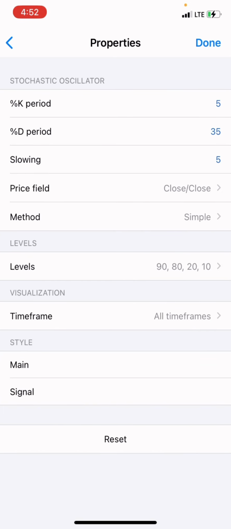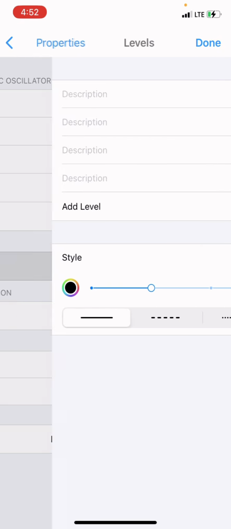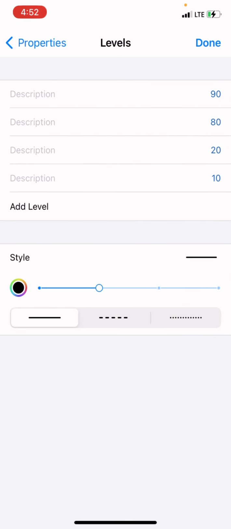Stochastic oscillator, we are using K period of 5, D period of 35, slowing of 5, price field close, method simple. Levels, you can add 90, 80, 20 and 10. All right, make sure the color on that style is one that would pop on your screen. If you're using the white background, make sure you're using dark colors like this.